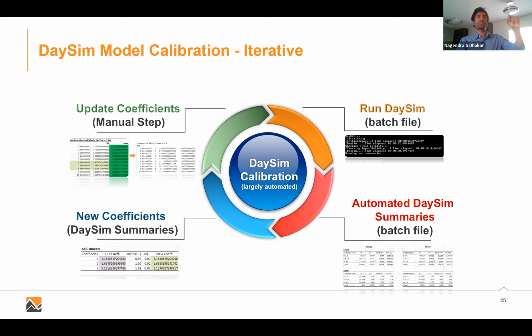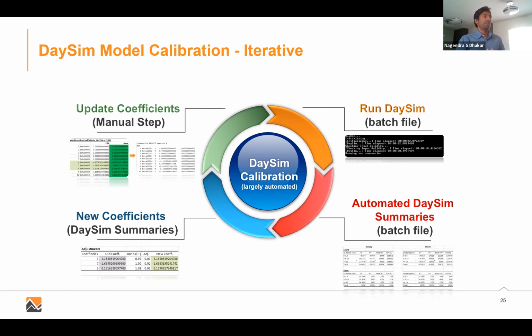In that batch file, we first run the DaySim, then we run the DaySim summaries, which are produced in a set of spreadsheets. And that spreadsheet also has an automated way of recalculating the adjustments for your next iteration based on the model results and how they compare with the survey data.